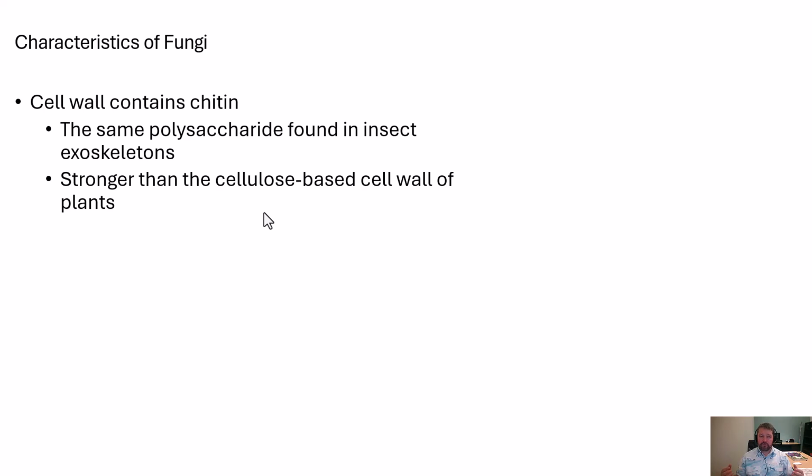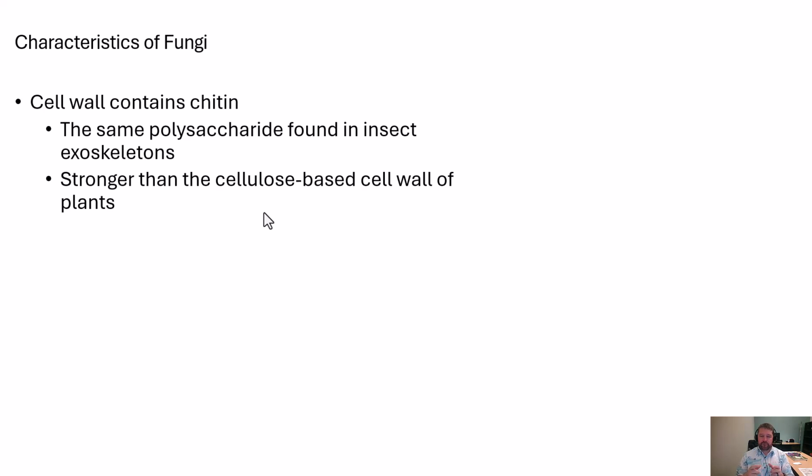And so also you see chitin again in some other organisms, but it's a structure that is different than cellulose. So cellulose is also a complex polysaccharide, so it's a complex sugar.